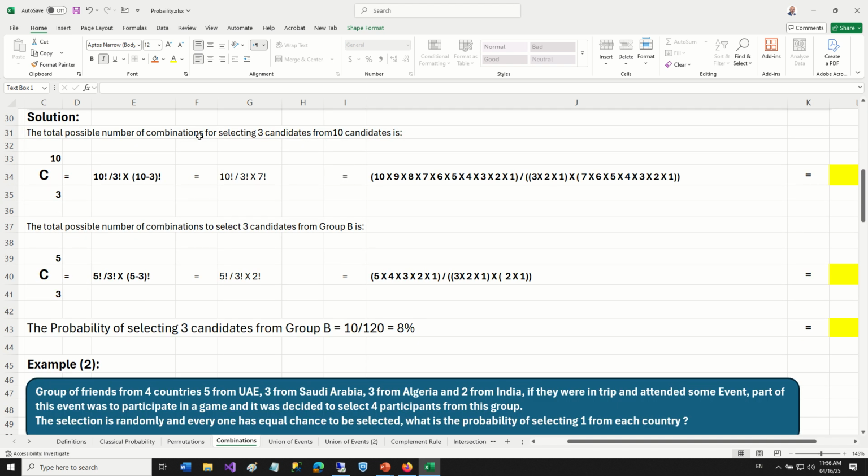The total possible number of combinations for selecting 3 candidates out of 10 is C, 3 out of 10, equals 10 factorial divided by 3 factorial multiplied by (10 minus 3) factorial, that is equal to 10 factorial divided by 3 factorial multiplied by 7 factorial.